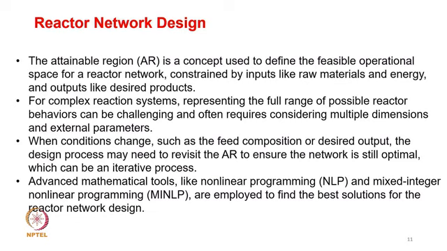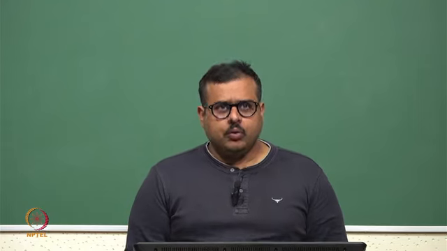So, we can replace this entire heuristic based design by means of optimization tools. In that case you may have to go for nonlinear programming principles or mixed integer nonlinear programming principles, considering the fact that most of the reactor equations are potentially nonlinear in nature.